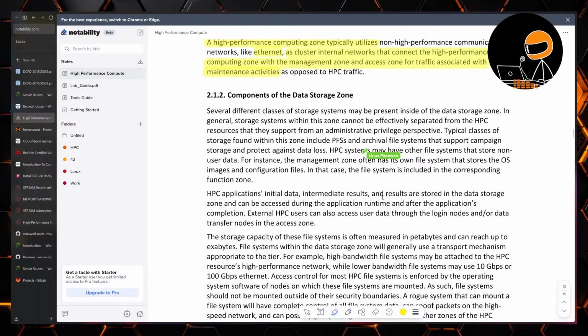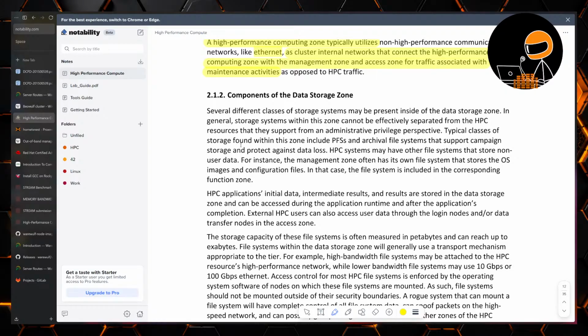Okay, so then several different classes of storage systems may be present inside of the data storage zone. General storage systems within this zone cannot be effectively separated from the HPC resources that they support, from an administrative privilege perspective.